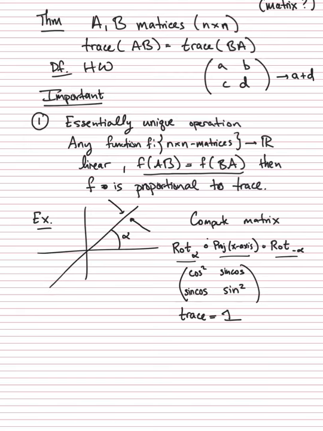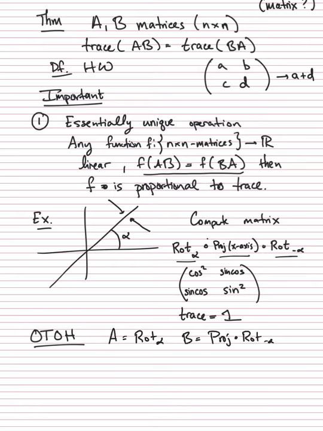Okay? On the other hand, this would have been a much easier calculation if we only cared about the trace of this matrix. Namely, I could have written, say, A as rotation by alpha, B as projection composed with rotation clockwise by alpha.